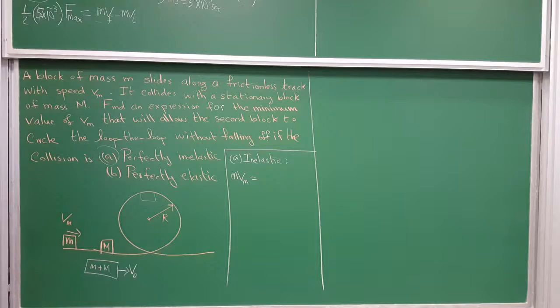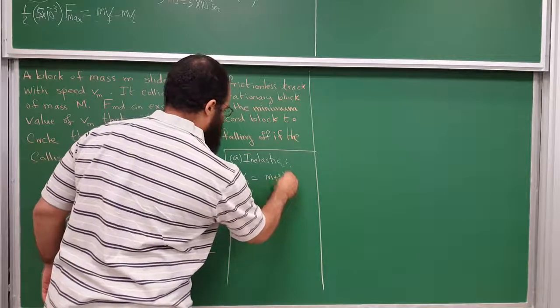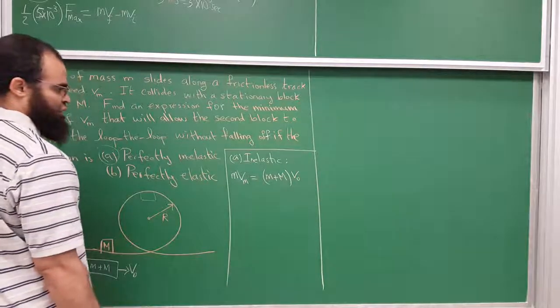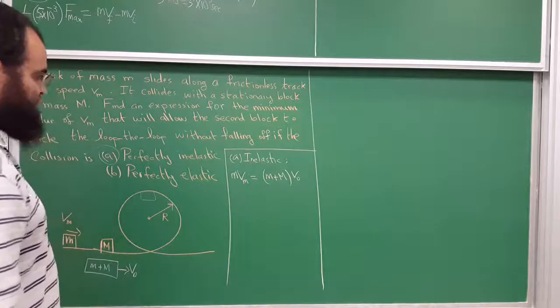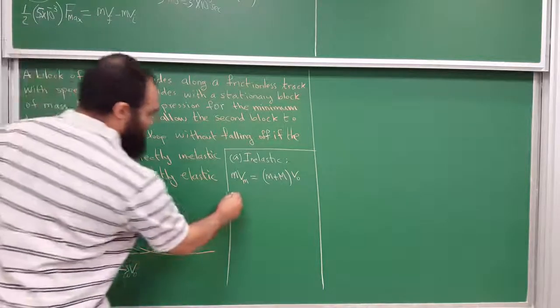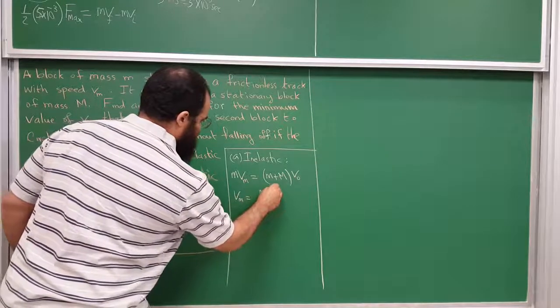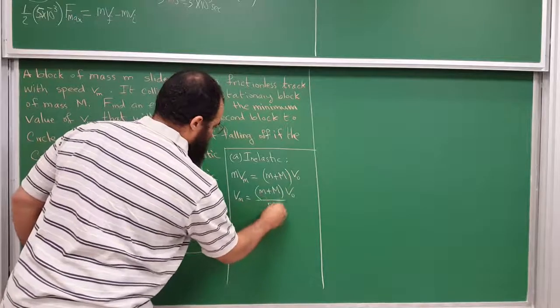That's the speed after the collision. So the momentum afterwards will be (m plus M) V naught. So Vm will equal (m plus M) V naught divided by little m.